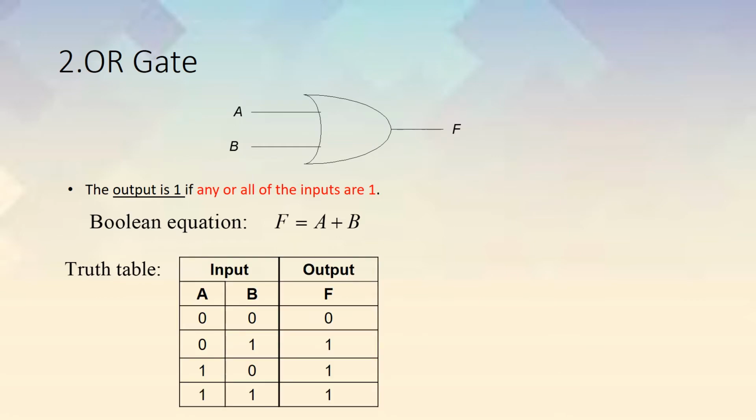Look at the input values. We get 4 possible values of A and B. If the values of A and B are the same, the output is the same. If the values are not the same, like A is 0, B is 1, the output, if we sum, is 1. If A and B are both 1, the output is 1.